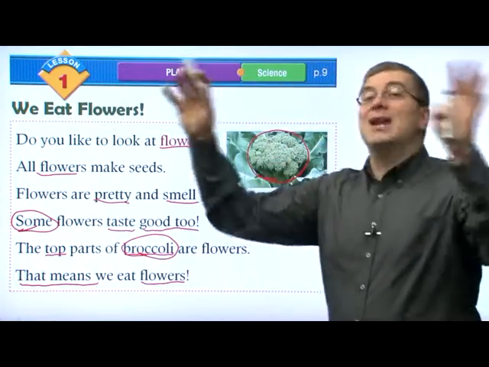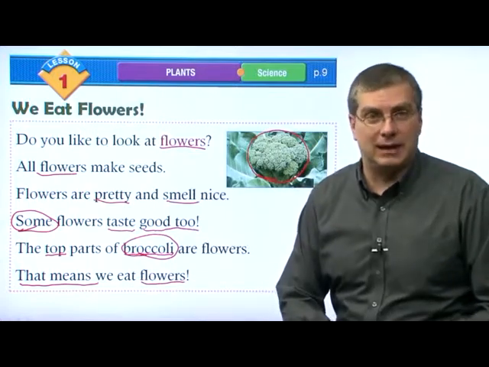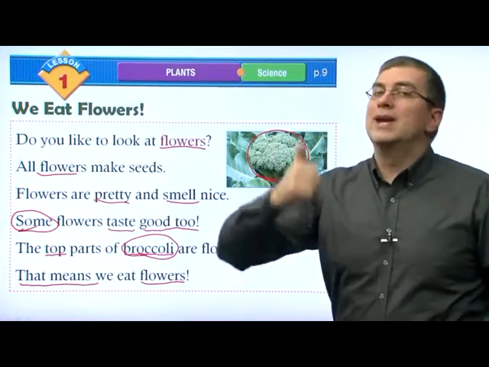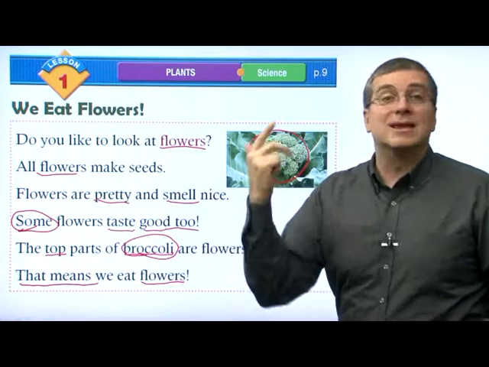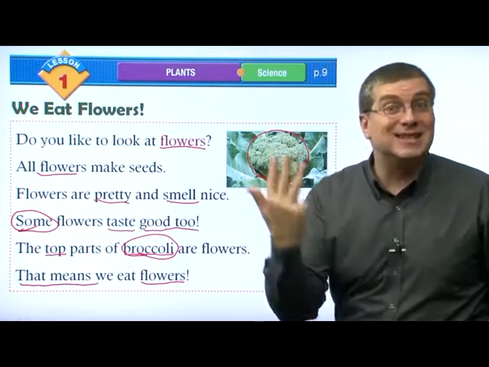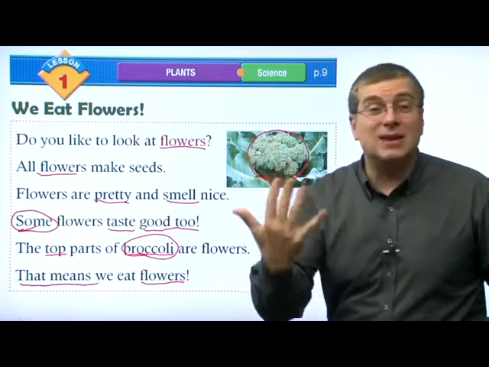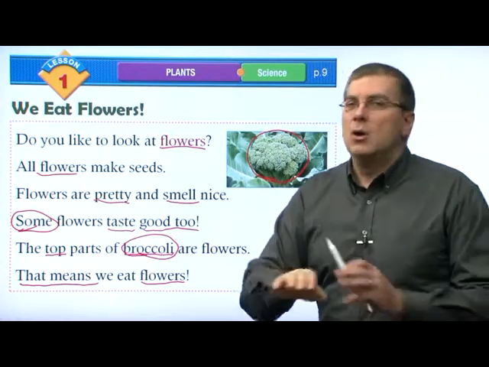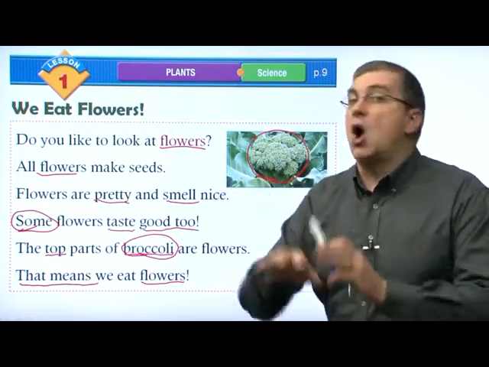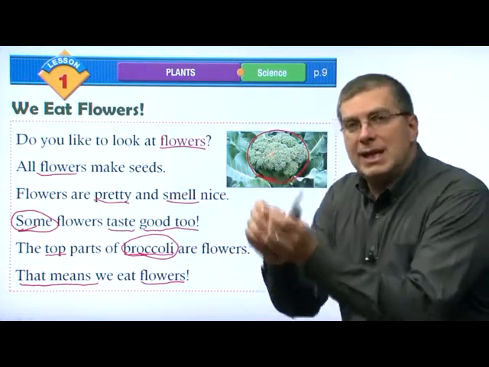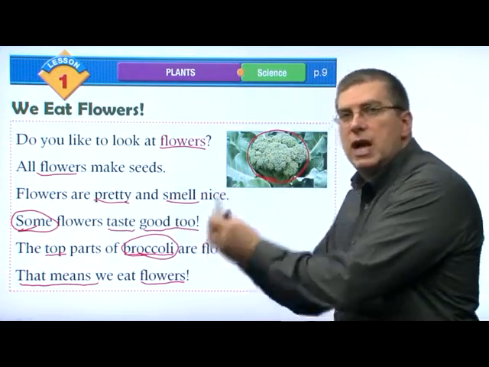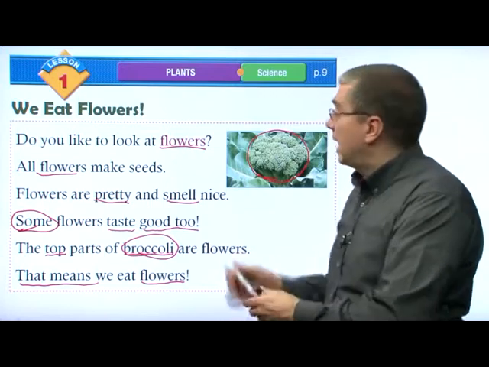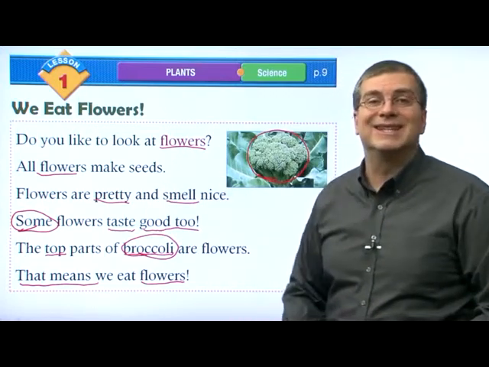So you see, we eat all parts of the plant. We eat the roots. We eat the stem. We eat the leaves. We eat the seeds. And we eat the flowers. Sometimes, not always. We don't eat all parts of all plants. We only eat different parts of different plants. And we can see many different examples.